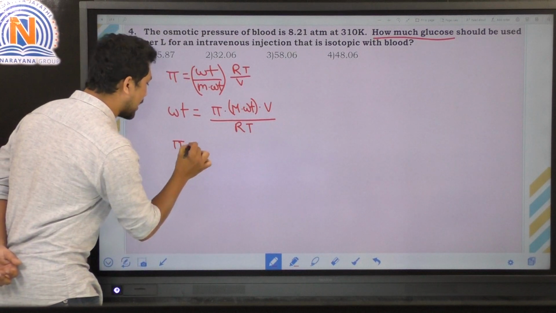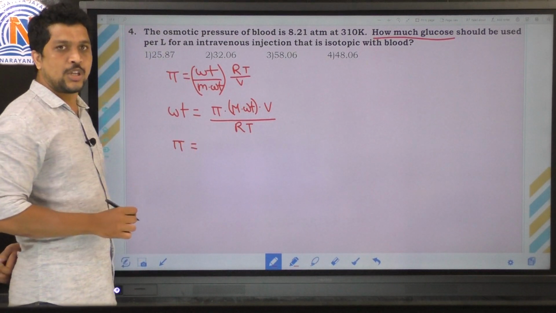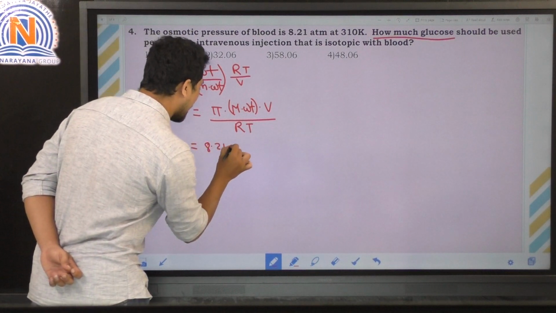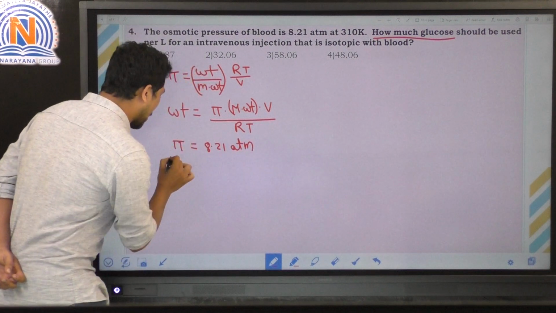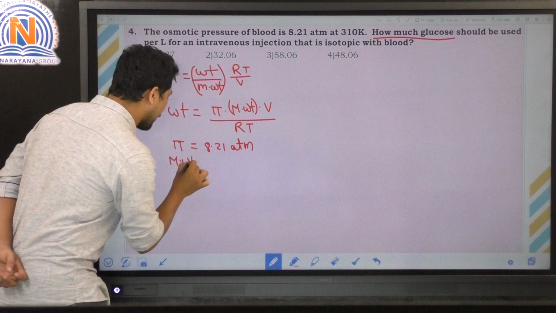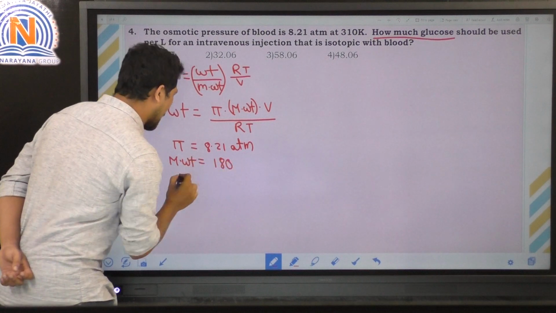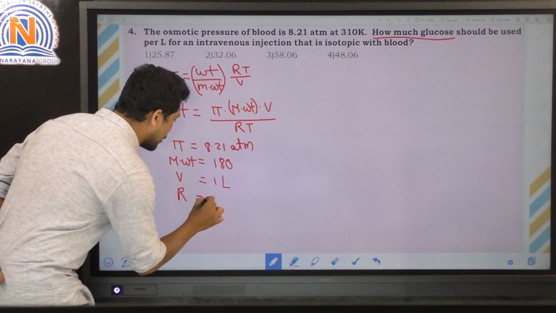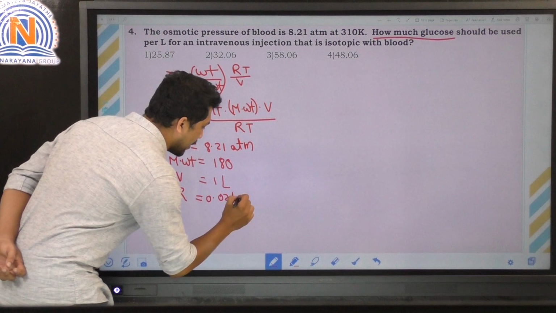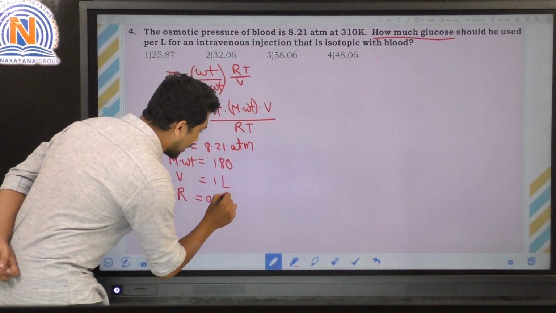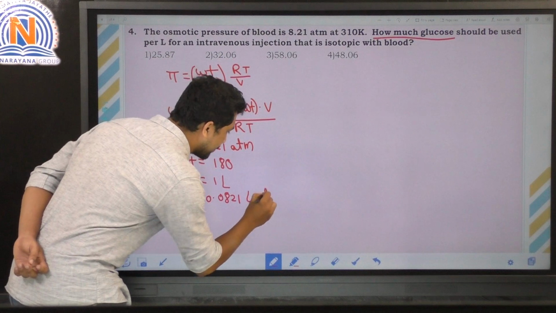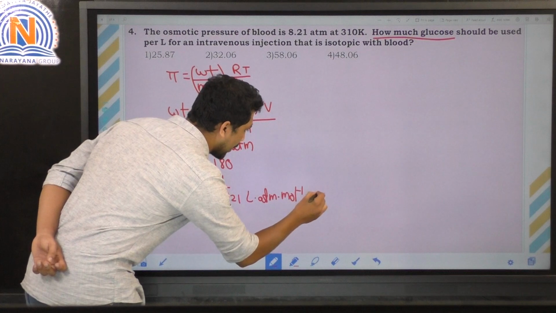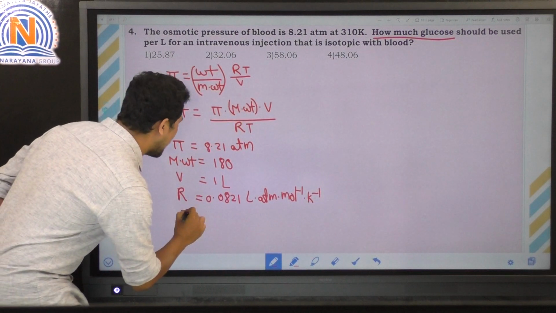So here osmotic pressure pi equal to how much? 8.21 atmospheres, and molecular weight of glucose is 180, and volume per liter, so 1 liter, and gas constant R equal to 0.0821 liter atmosphere mole inverse Kelvin inverse, and T equal to temperature.